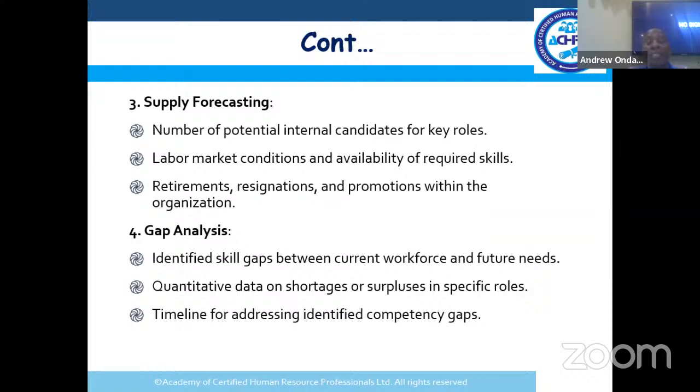These deficits and surpluses may be in qualitative or quantitative forms. Quantitative refers to the number of people that either are a surplus or are a shortage. And then you look at qualitative. This means skill shortages. Either now you require certain skills, or in future you may reduce certain skills.